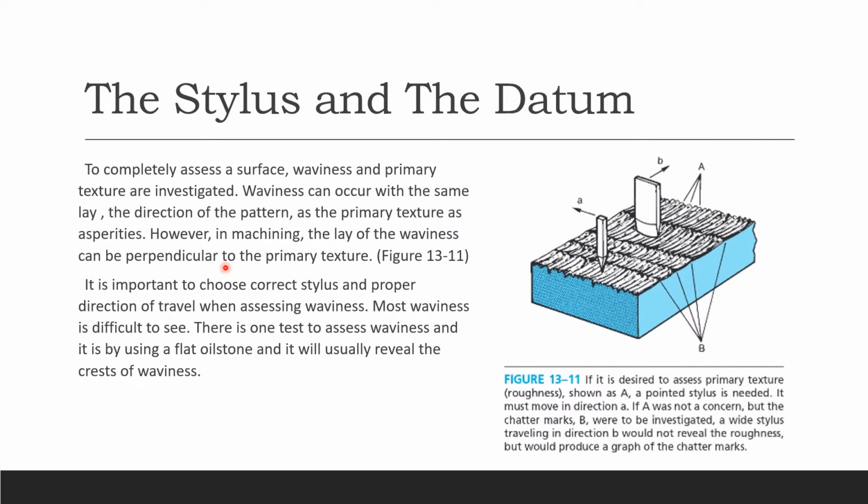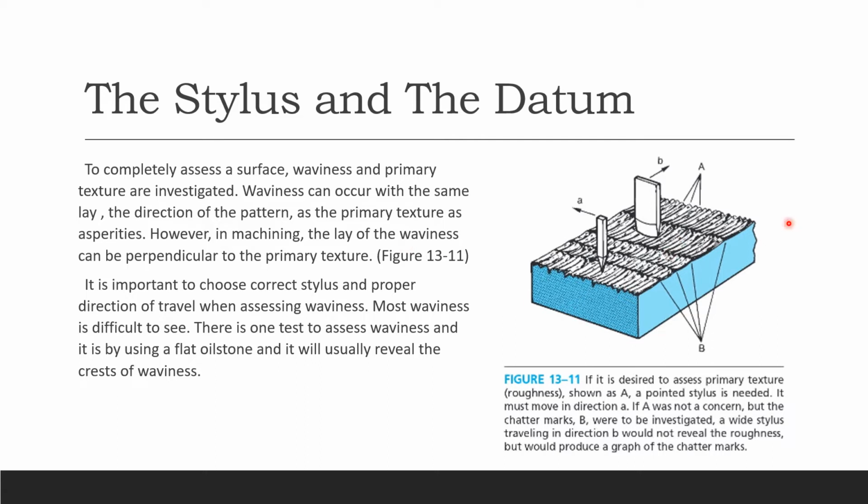Okay, to completely assess a surface, waviness and primary texture, we have to investigate. So you will investigate waviness, and you investigate primary texture, in order to completely assess your surface. So waviness can occur with the same lay. Lay is the direction of your asperity.